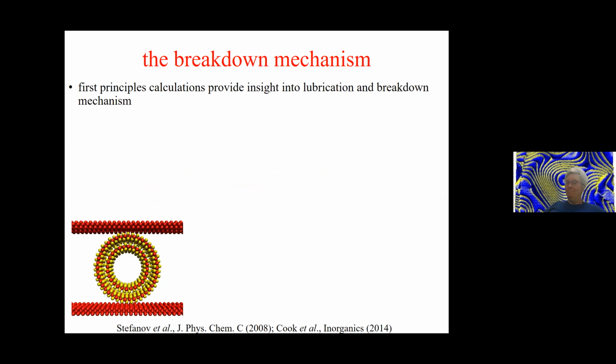So now we get into a little bit of theory and even some engineering. There have been first principles calculations done to provide insight into the lubrication and breakdown mechanism of simple transition metal chalcogenides in tubes.